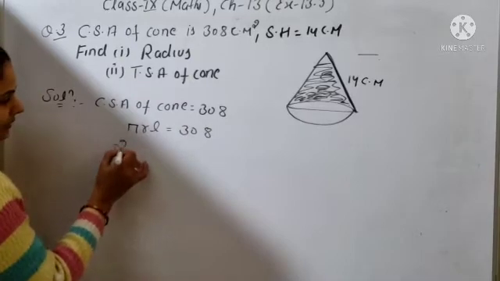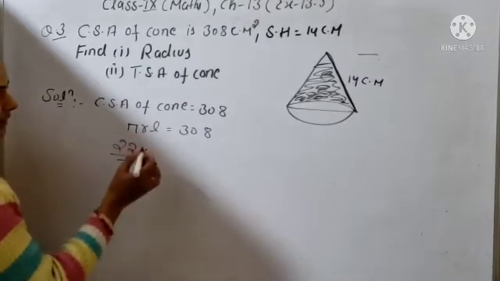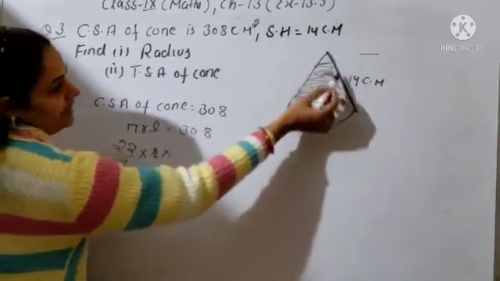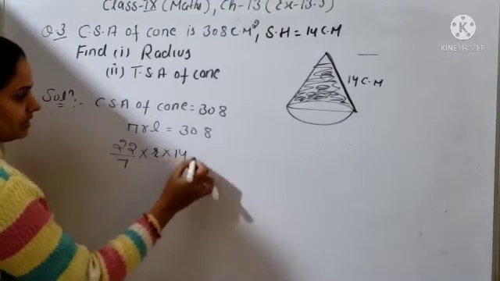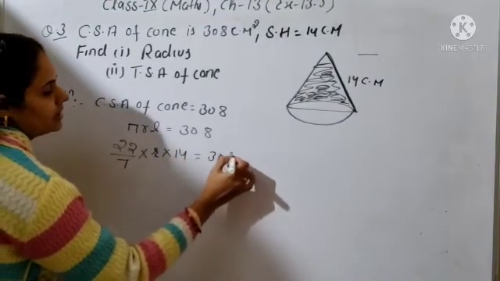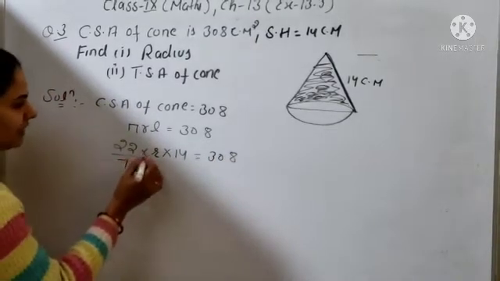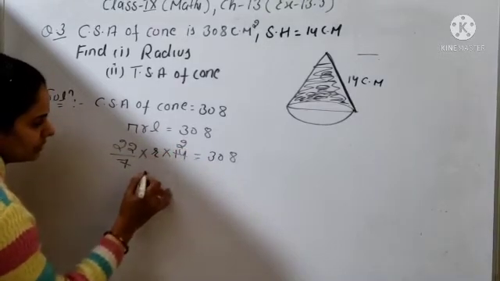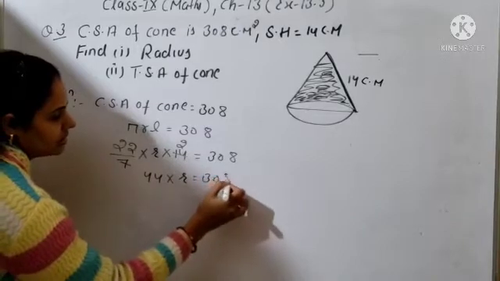Clear? Now put the values. Pi is 22 by 7. R is not given in the question, so write it as it is. L is the slant height of the cone, and what is the slant height? This is given 14 centimeter, and this is equal to 308. Now from here you can find out the value of r. So 7 twos are 14, 2 into 22 is 44, so it will be 44 into r is equal to 308.